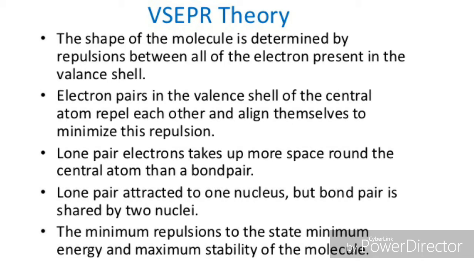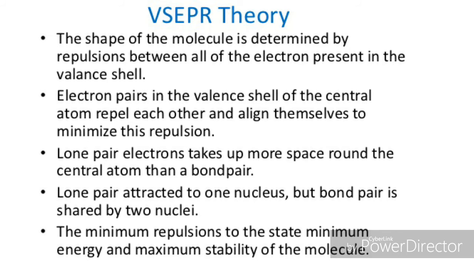Students, according to VSEPR theory, if we know the total number of electron pairs in the valence shell as covalent bonds and lone pairs in the central atom, it will help us to predict the arrangement of those pairs around the nucleus of the central atom, and from that the shape of the molecule.